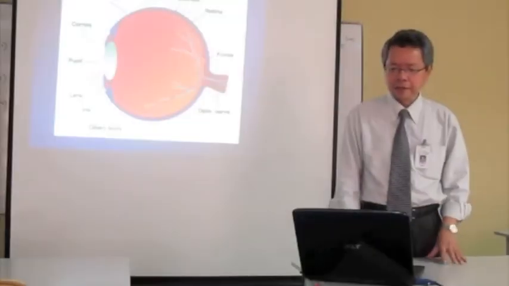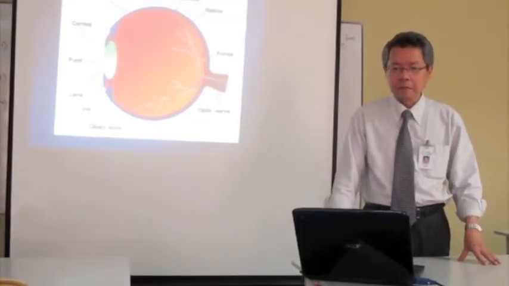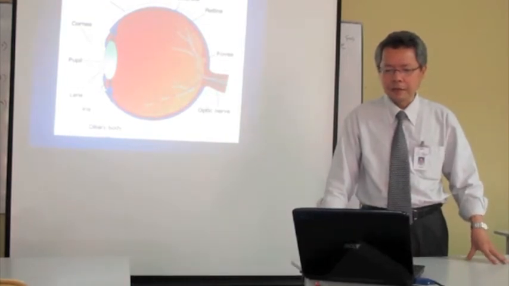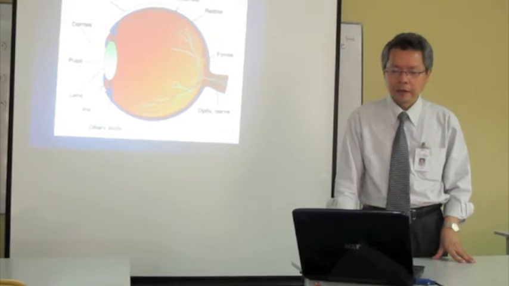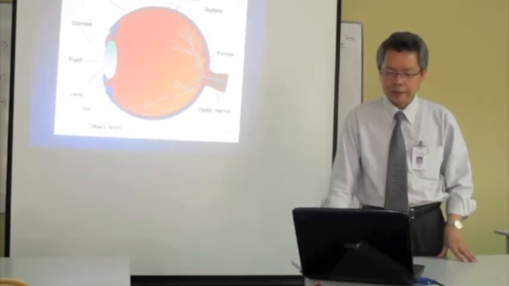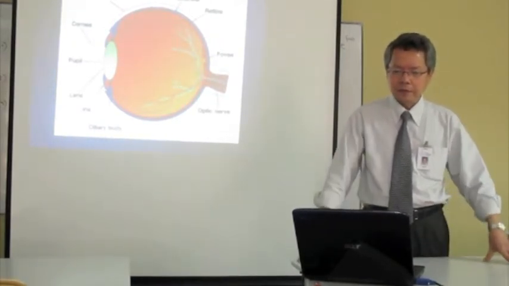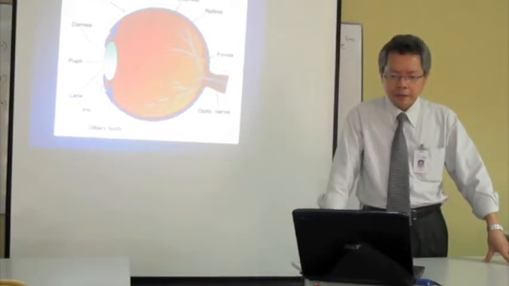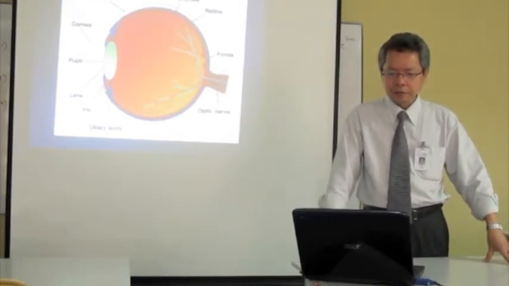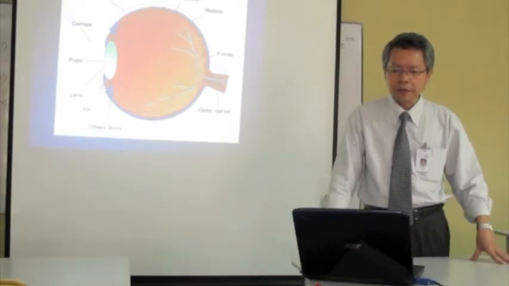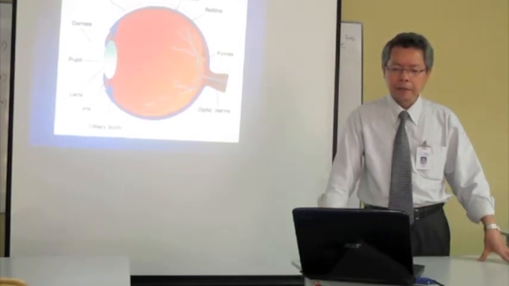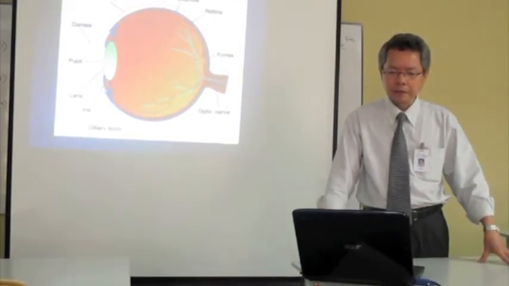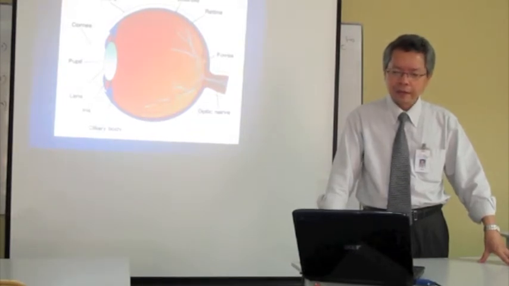This is a cross-section of the eye, very schematic, to show the different layers that are found in the eye. The important ones are the cornea, the sclera, the choroid, and the retina. If we talk about the anatomy of the eye proper, textbooks will say that the cornea and the sclera make up the fibrous tunic of the eye.